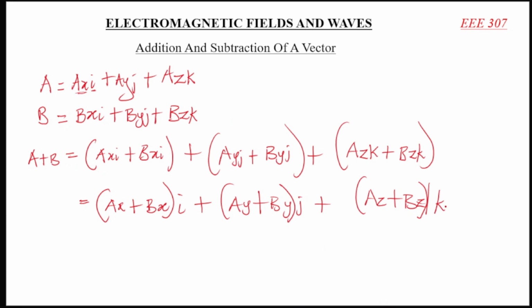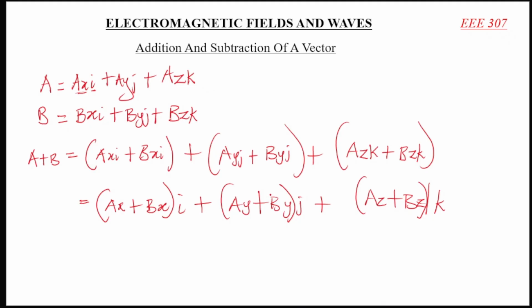Am I communicating? So when we are adding two vectors, what are we doing? We are picking AX plus BX, we add them together. AY plus BY, we add them together. And AZ plus BZ, we add them together.